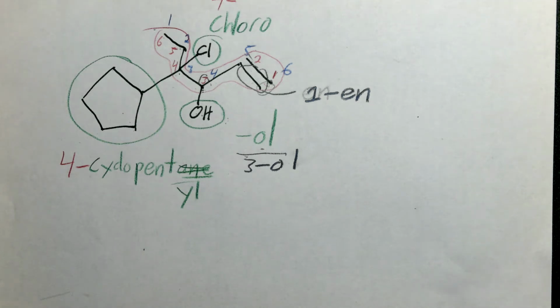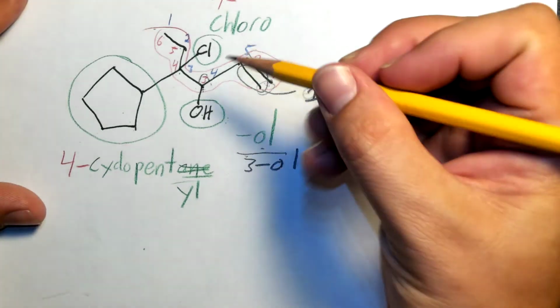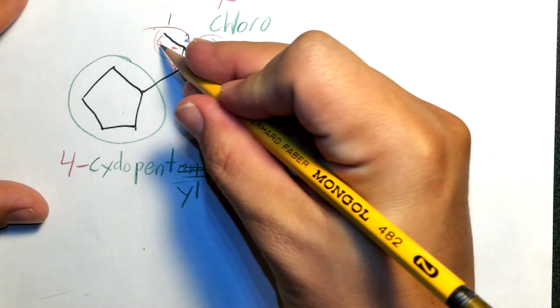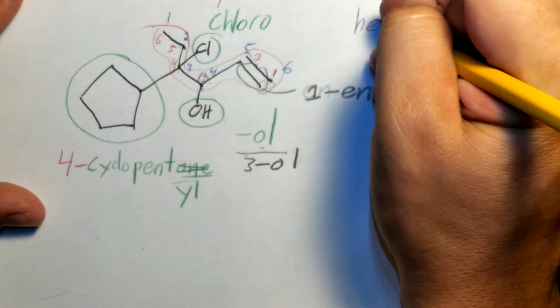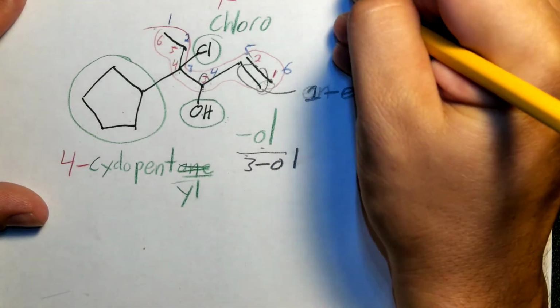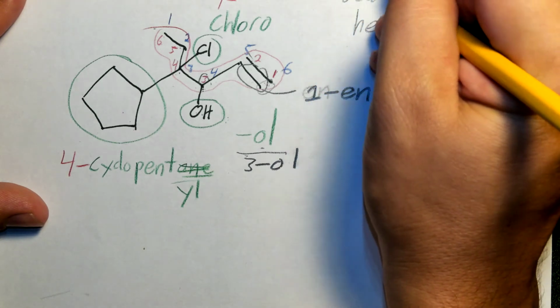So we're labeling all these parts and pieces, and just like in our previous video, you gather all this information and then you finally assemble it. We forgot one last piece of information, which is the length of the chain. And this chain is, if you notice right here, 6 carbons. So 6 carbons is hex.